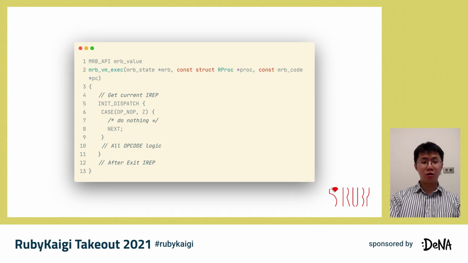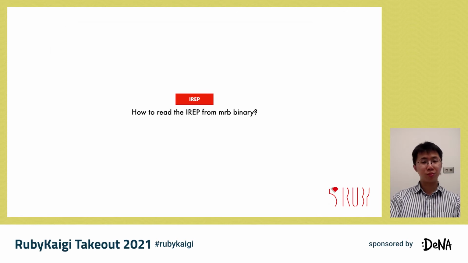And this is the code path if we want to build a language VM. So the first question is how to read the IR from the mruby binary.